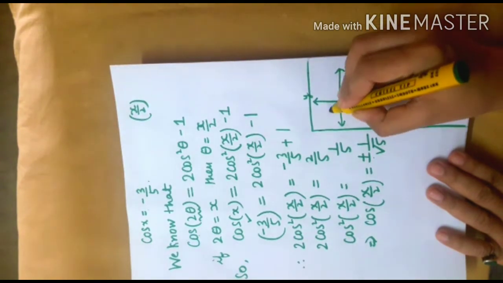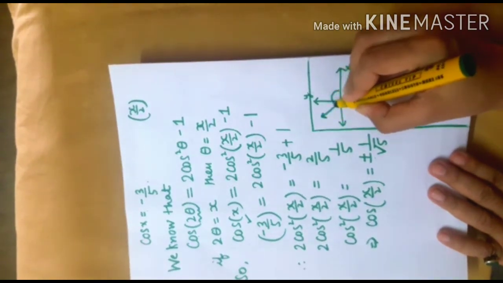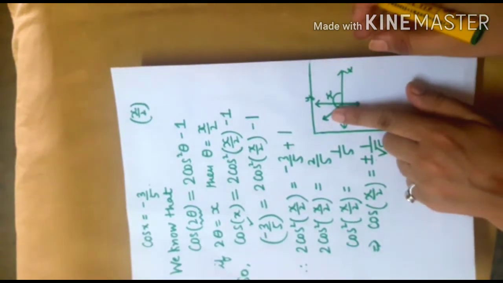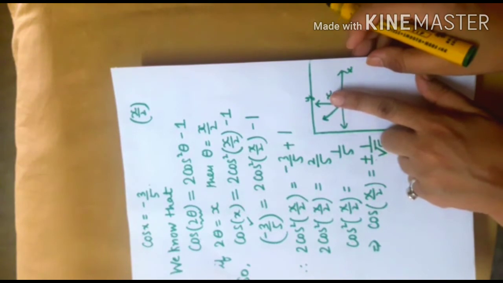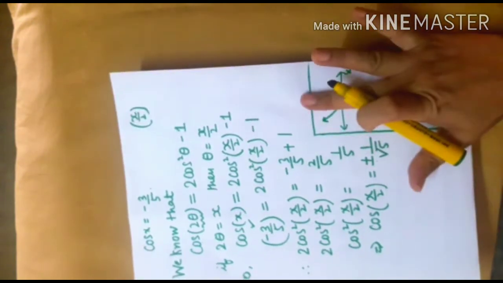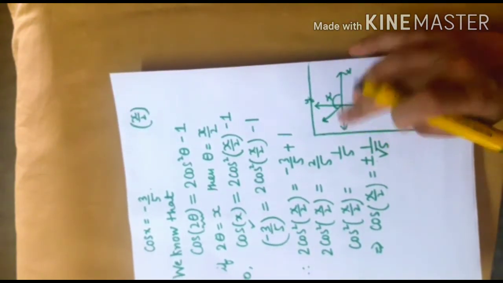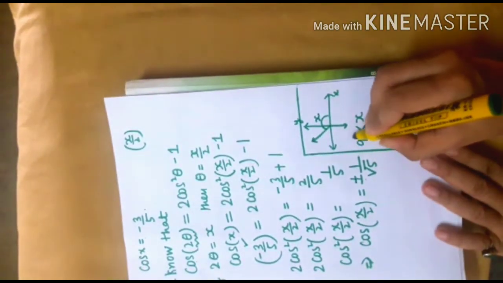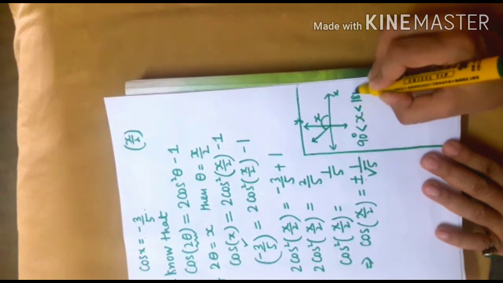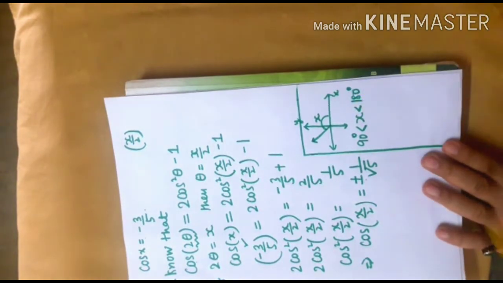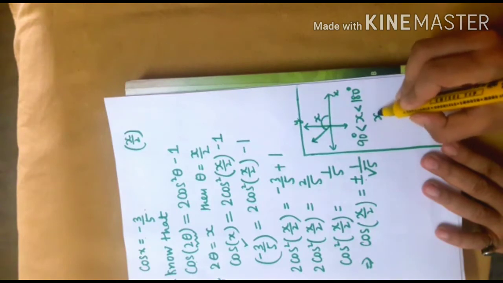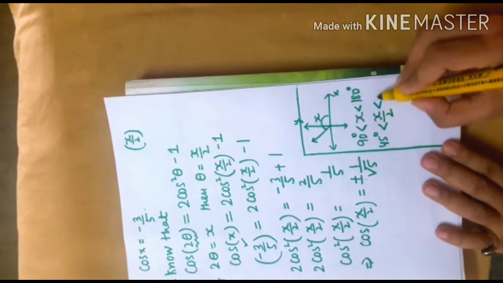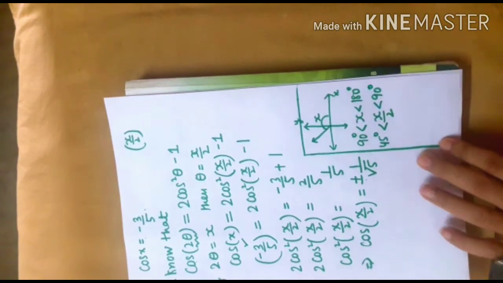That means angle x will be more than 90 degrees and less than 180 degrees, right? So x by 2 will be greater than 45 degrees and less than 90 degrees.